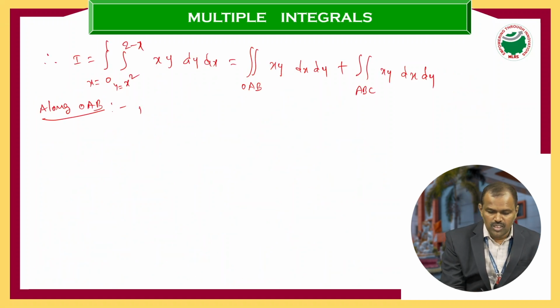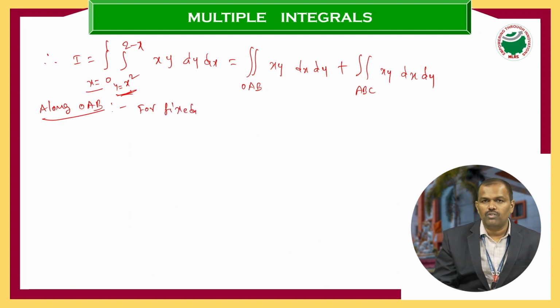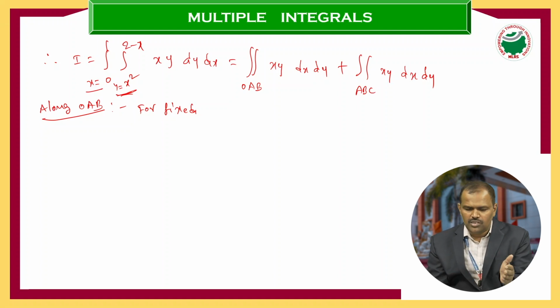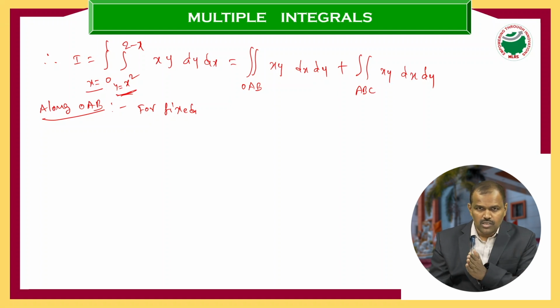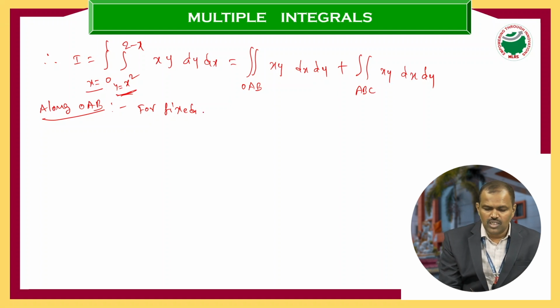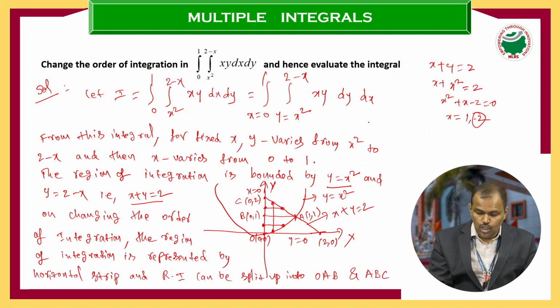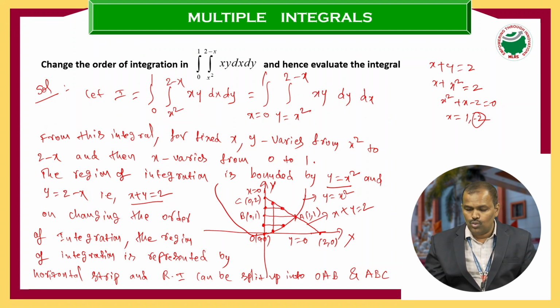Before changing, x is fixed, y varies. Now after changing, in any region, OAB or ABC, the logic is the same: x varies, y fixed. For fixed y, x varies from 0 to root y, very clear from the figure, because on the y-axis, and y equal to x square means x equal to root y.